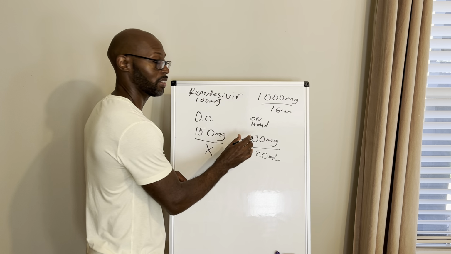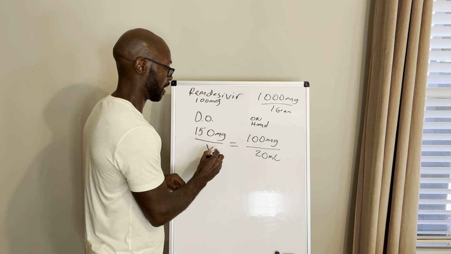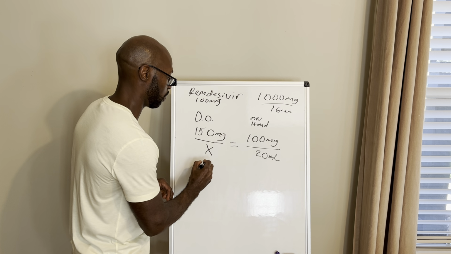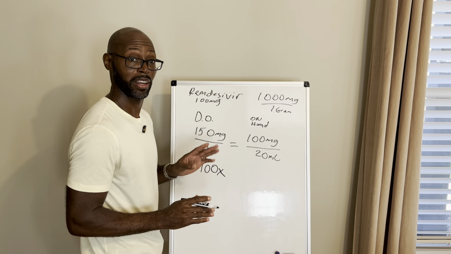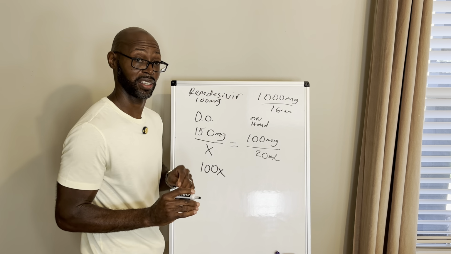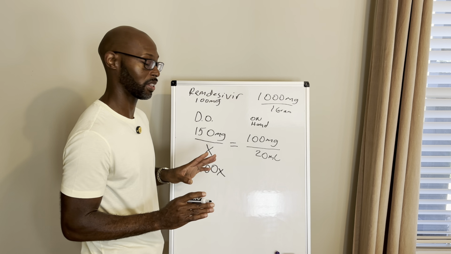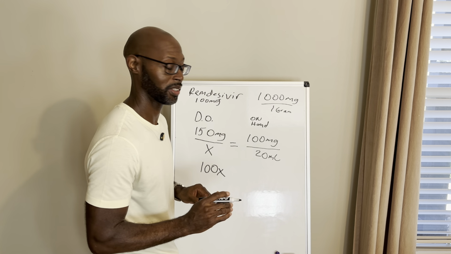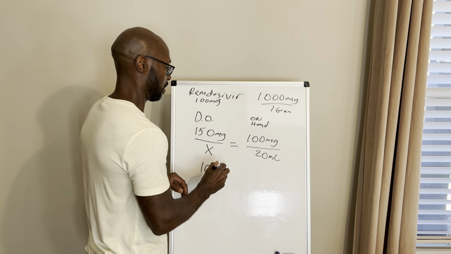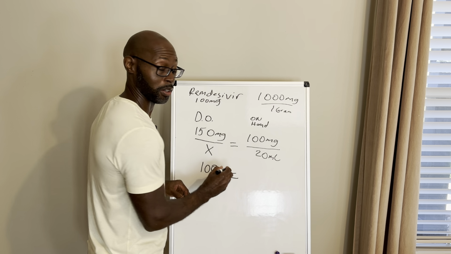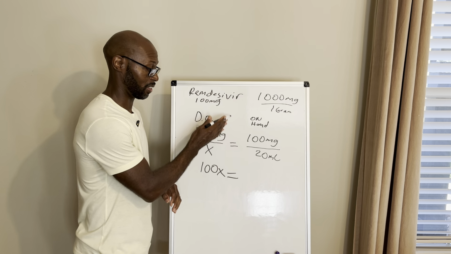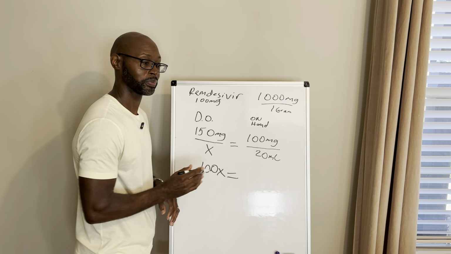So 100 milligrams times X equals 100 X. Keep in mind, we're looking for milliliters. You're going to hear me say that a lot. We're looking for what we're going to get for the patient in milliliters. Okay? So now, you can go ahead and write your equal sign down because you want to make certain that you're keeping everything lined up.